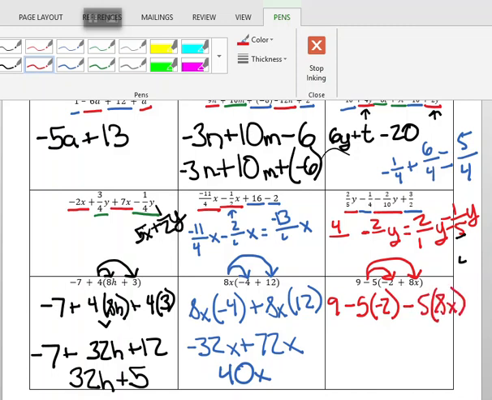Okay, so when I do, I'm going to end up with positive 10. I have 9 plus 10 minus 40x. And so I'm left with negative 40x plus 19.